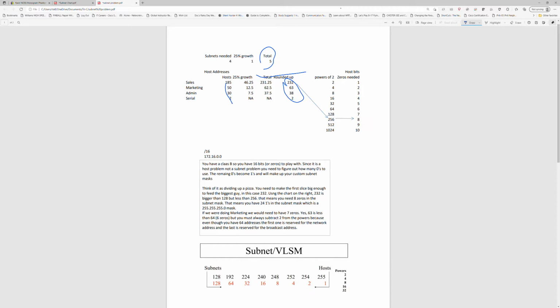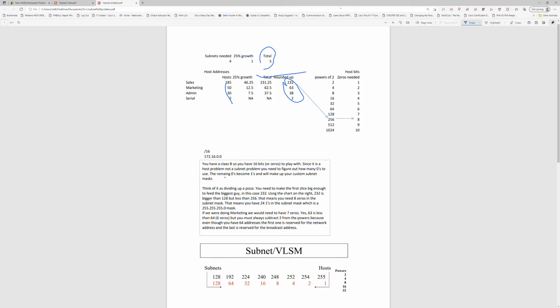So we analyze that in the powers of 2 to find out how many zeros that we need. And if you go down, you'll notice that 232 is bigger than 128, less than 256. So that means 7 wouldn't be enough. We're going to need 8 zeros in our subnet.